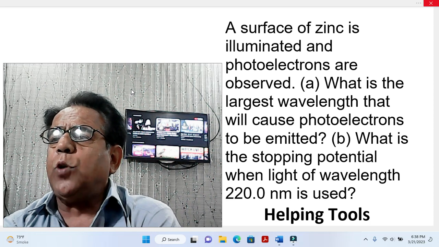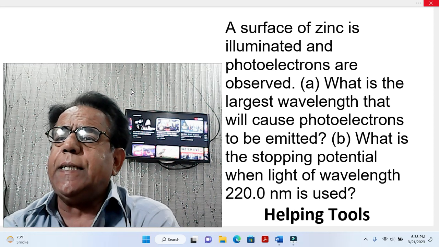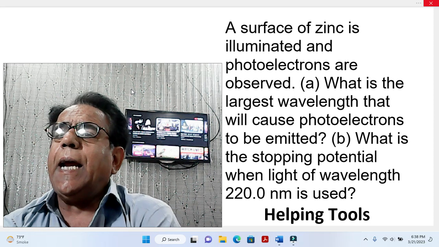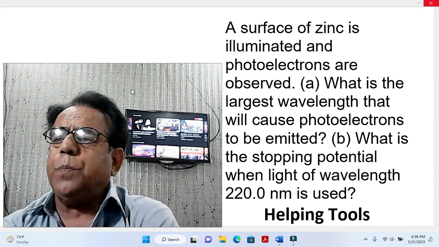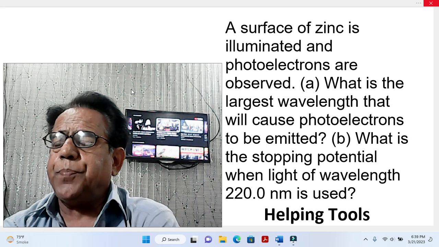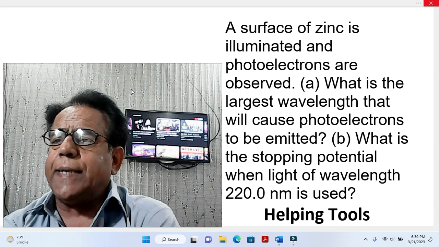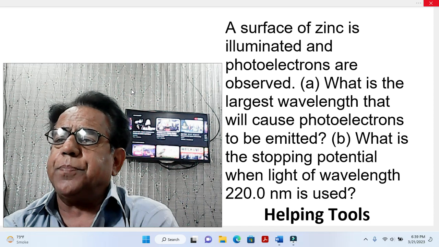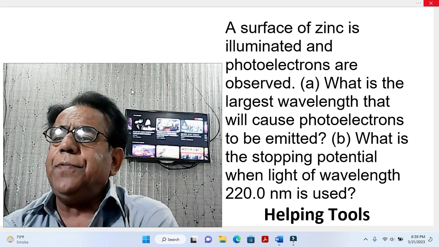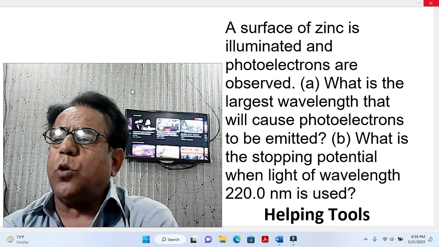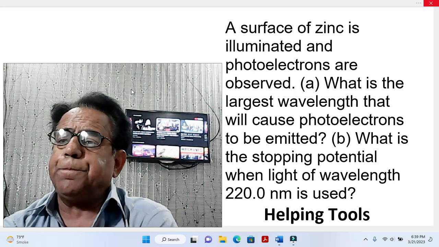A surface of zinc is illuminated and photoelectrons are observed. Part A of this problem says: what is the largest wavelength that will cause photoelectrons to be emitted?